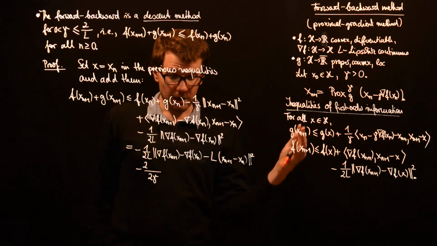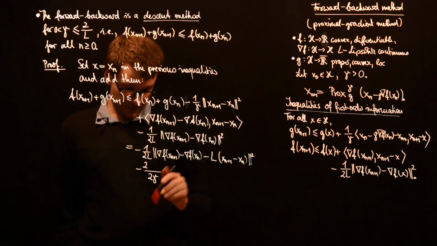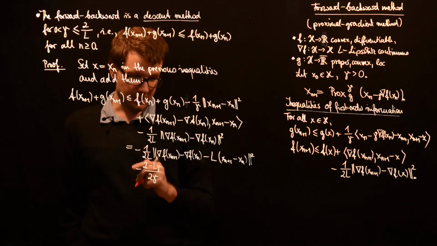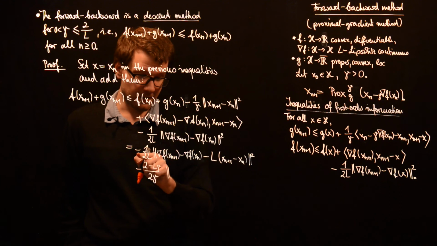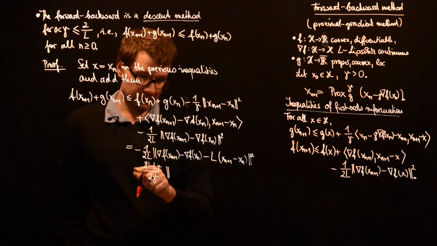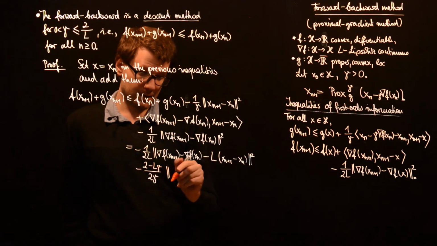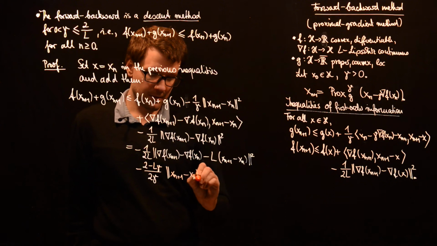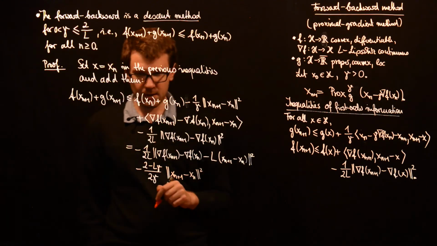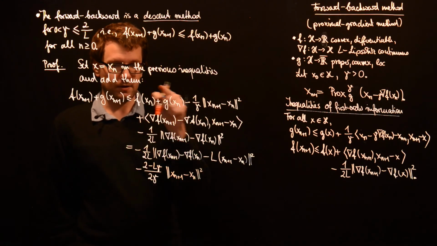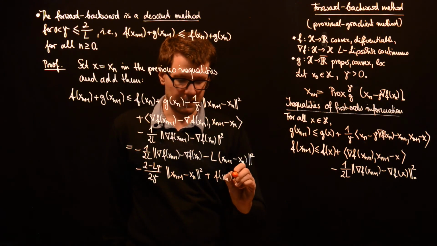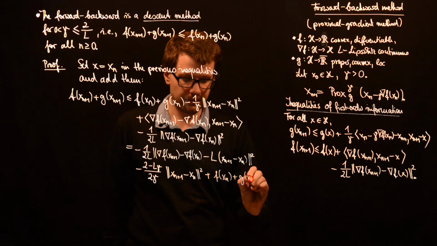So we have L half of this, and L half is L gamma over 2 gamma. Since we have added this with minus here, we have to correct our mistake by adding this with plus in this line, and this gives us exactly this expression here. And of course we have to add f of xn plus g of xn.